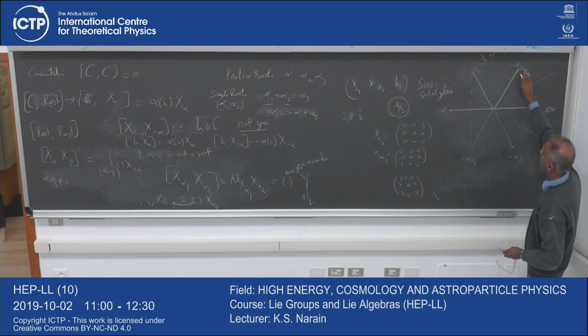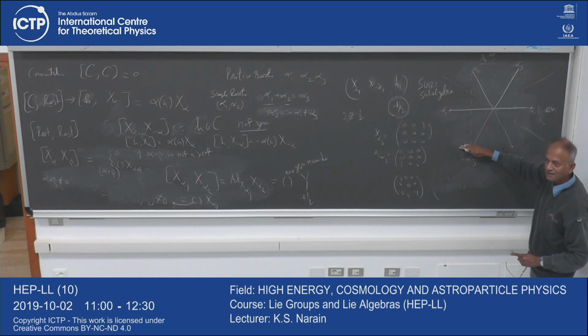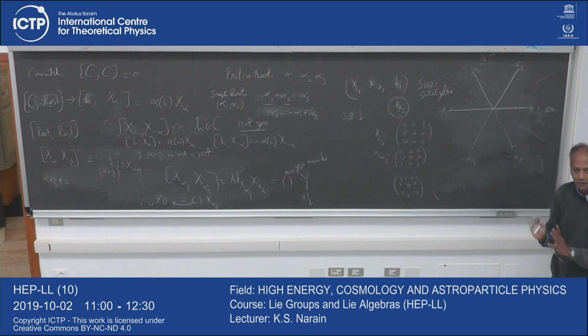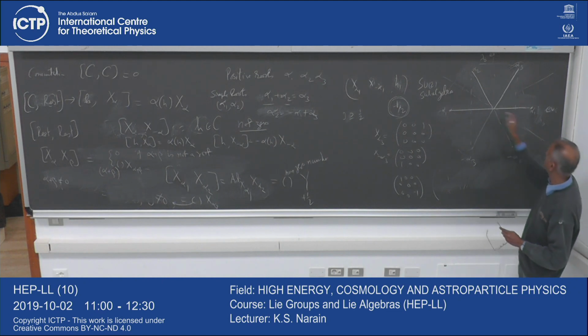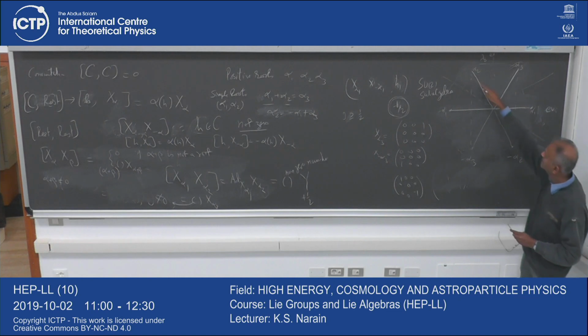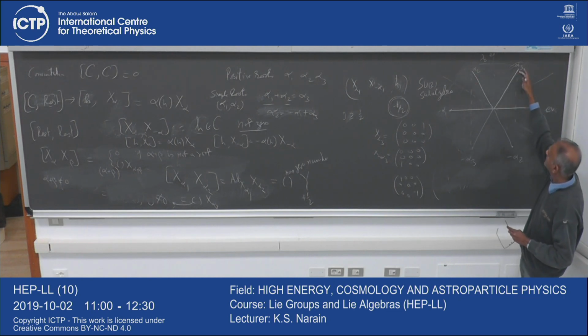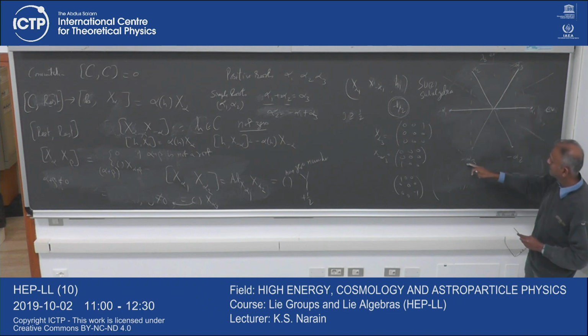All the positive roots can be expressed as a linear combination of these two with non-negative coefficients, and all the negative roots can be expressed as a linear combination of these two with completely negative coefficients. I mean, no positive coefficient there, right? Because minus alpha 1 is simply minus 1 times alpha 1. Minus alpha 2 is minus 1 times alpha 2. And alpha 3 is alpha 1 plus alpha 2, so minus alpha 3 is minus alpha 1 minus alpha 2.